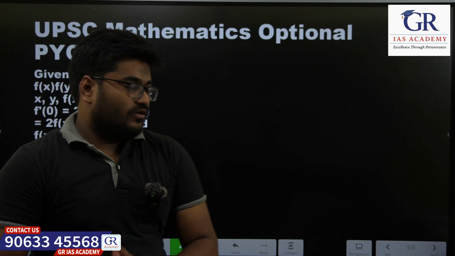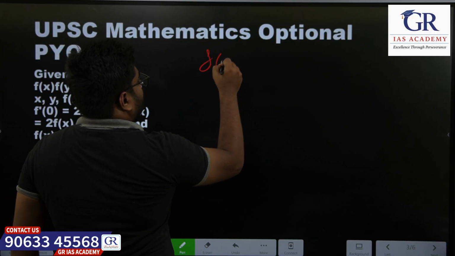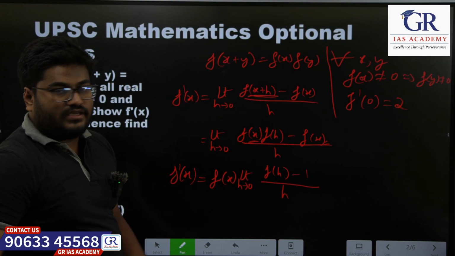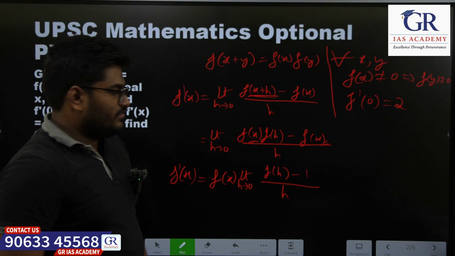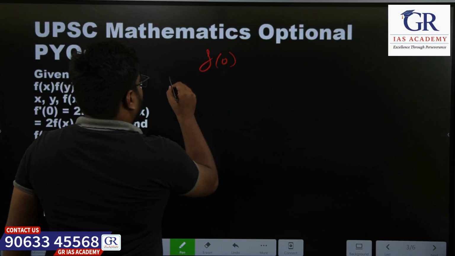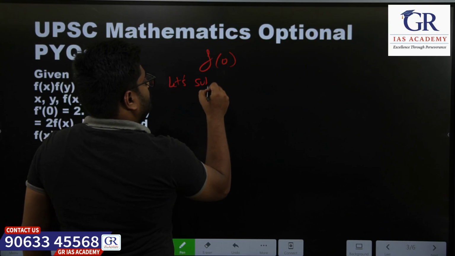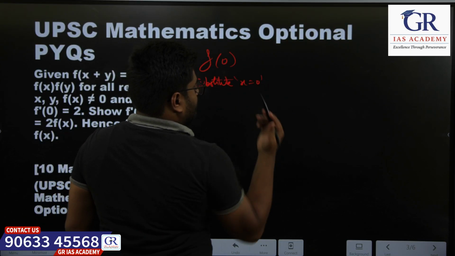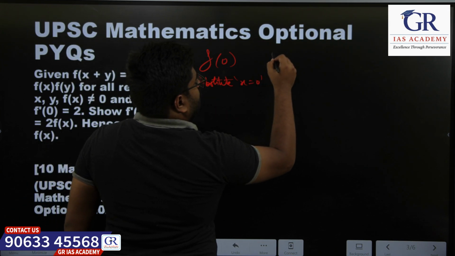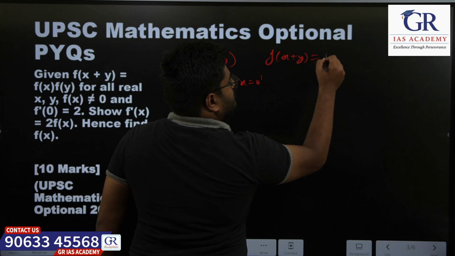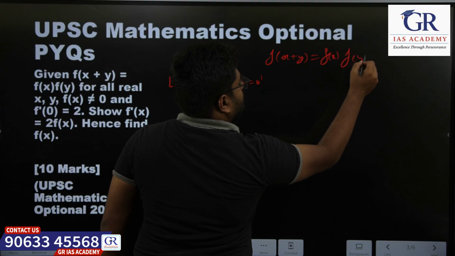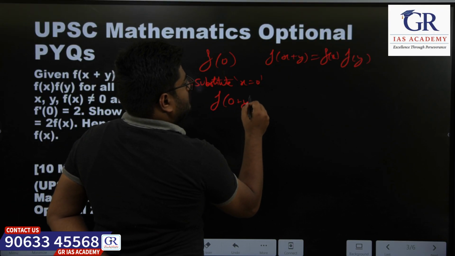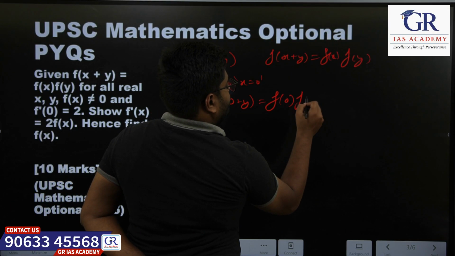So now let's find out f of 0. What is the given statement? f of x plus y is equal to f of x into f of y. So let's substitute x equals 0 in the given equation. It becomes f of 0 plus y equals f of 0 into f of y.